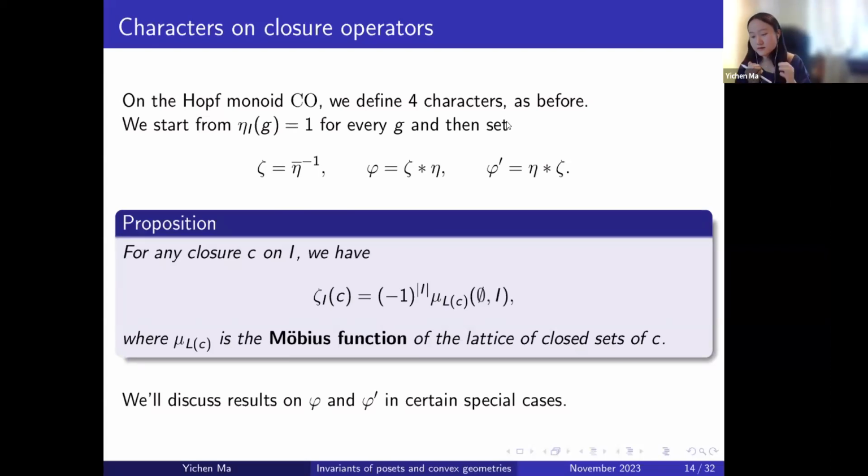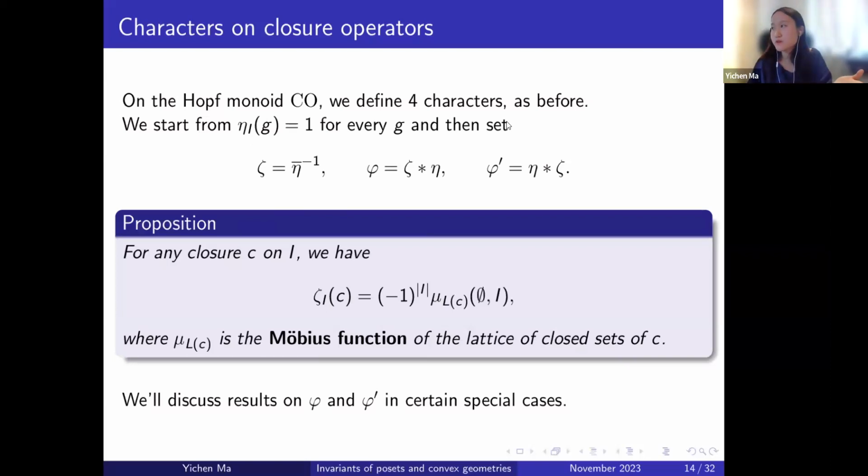Usually this zeta can be complicated, or very mystic, because we do not know what's happening with the Möbius function due to the variety of lattices. But in many cases, for example convex geometries, the closed sets correspond to a semi-distributive lattice, a mid-distributive lattice, and for this lattice we have some nice results.